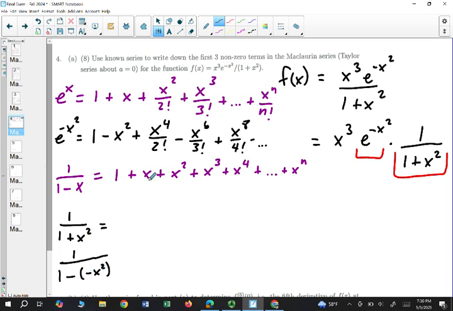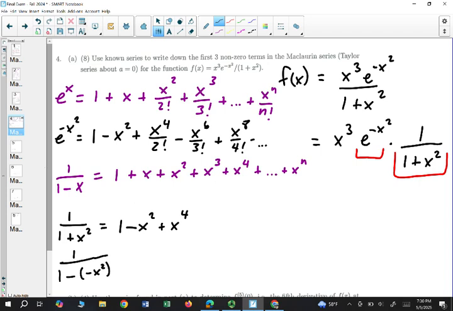So now you can just make that direct swap. Okay, so then you'll have 1 and then minus x squared. And then when you square the negative x squared, it'll be plus x to the 4th.